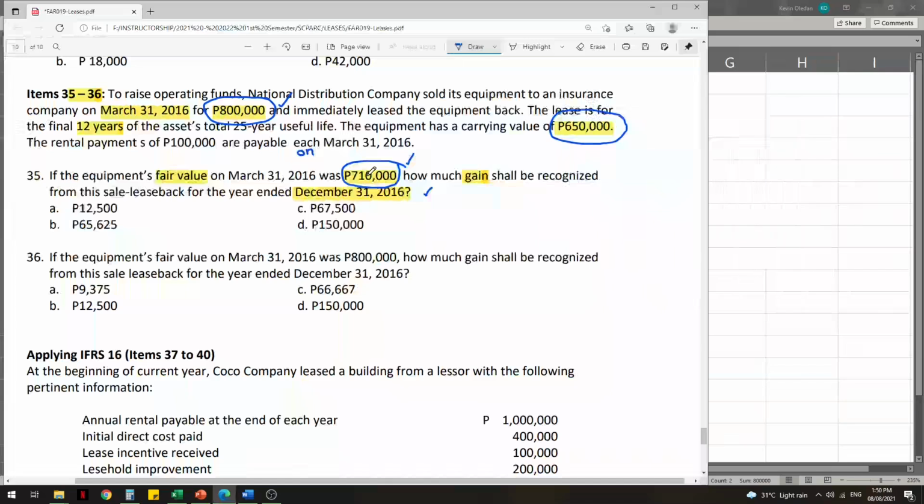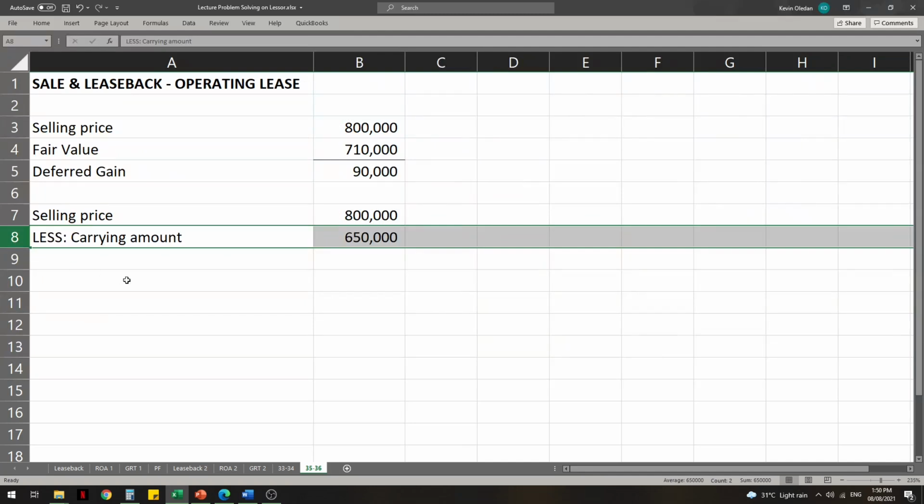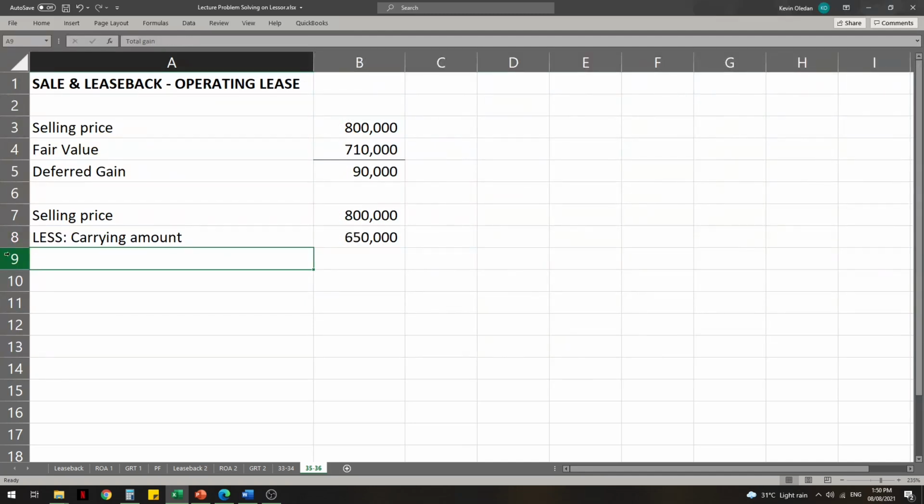And also take note that in our problem, we started March 31 and it's asking for December 31, 2016. So, hahanapin natin yung 9 months ng 90,000. Do take note, the 90,000 is going to be allocated for 12 years as well. So, keep up. Selling price of 800,000, i-compare natin yan with the carrying amount. Ano to?